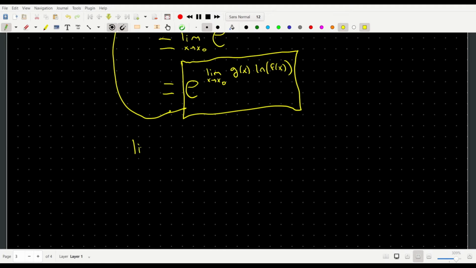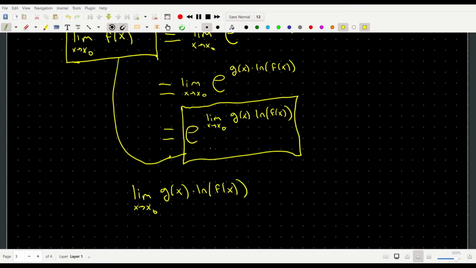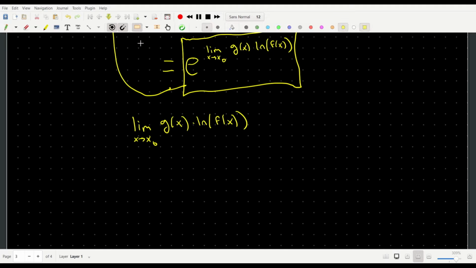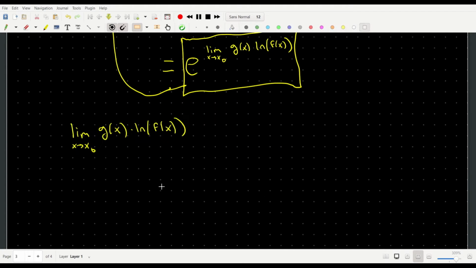And what's special here is that the limit as x goes to x naught of g of x times natural log of f of x is itself an indeterminate form of the previous type that we talked about. So this yields a 0 times infinity indeterminate form, which we know how to deal with.